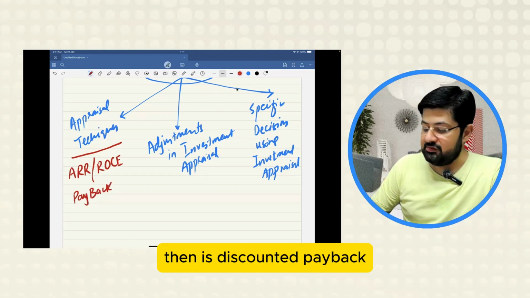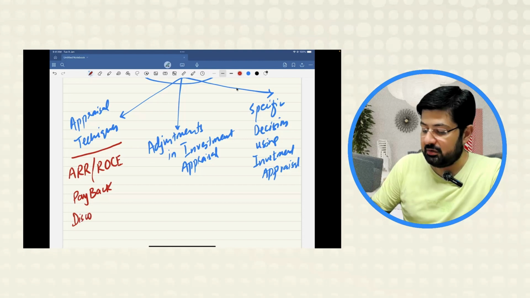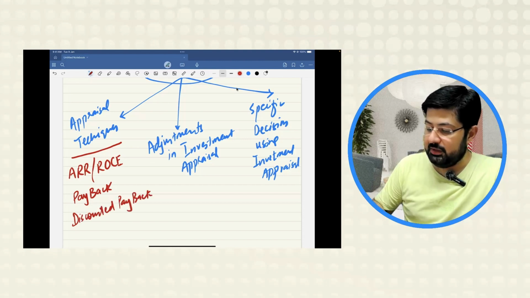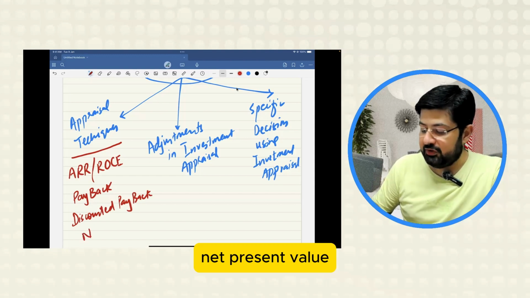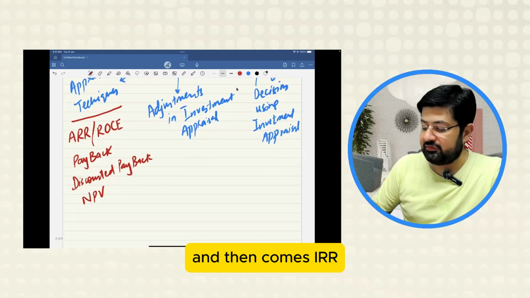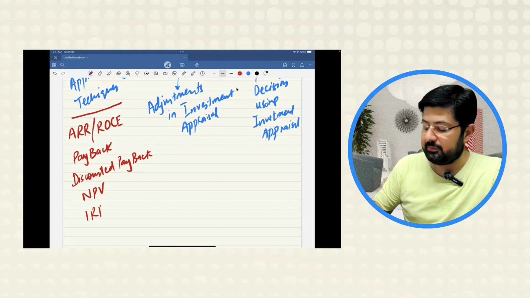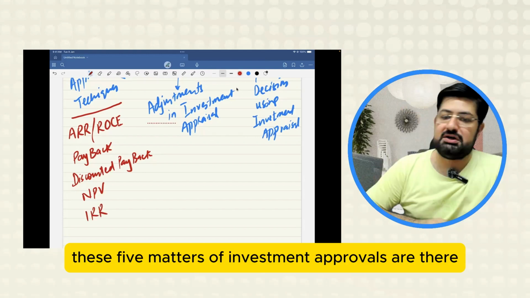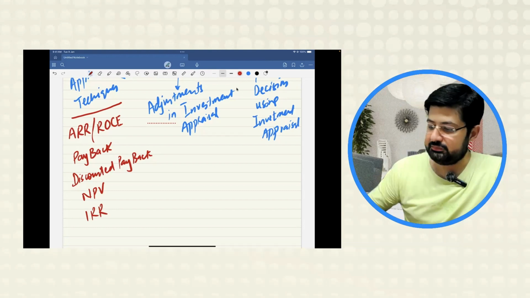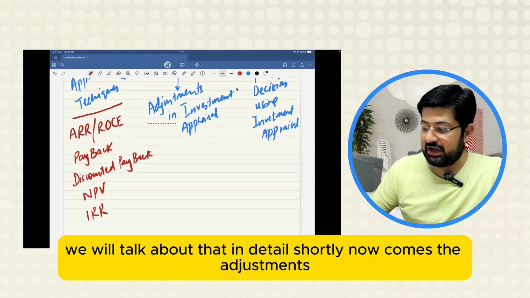Then discounted payback. Then net present value. And then comes IRR, internal rate of return. So these 5 methods of investment appraisal are there. We will talk about that in detail shortly.